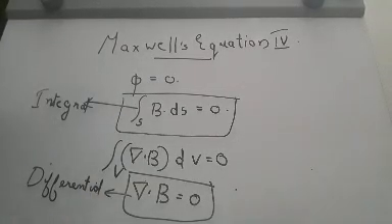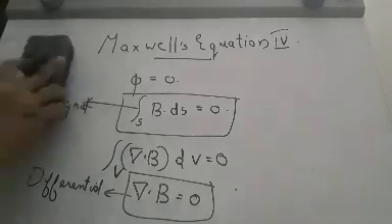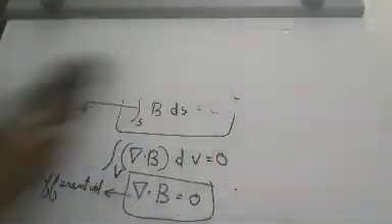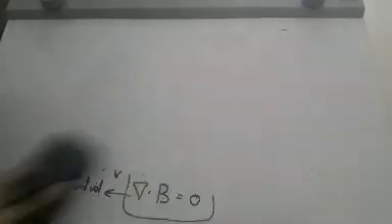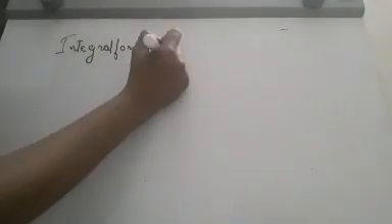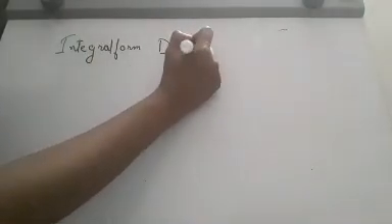So combining all the four, I am making a table based on Maxwell's four equations. First column, integral form. Second, differential form.